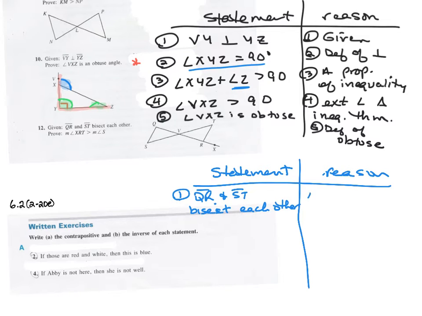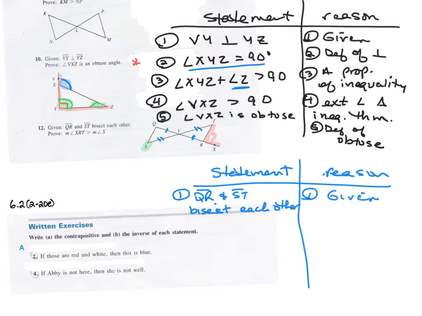Let me go ahead and label my picture. Okay, so QR and ST bisect each other. I'm trying to prove that angle XRT, this angle here, is greater than angle S, which is way over here.